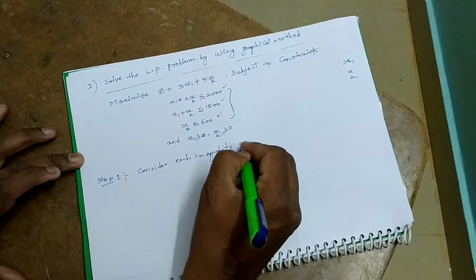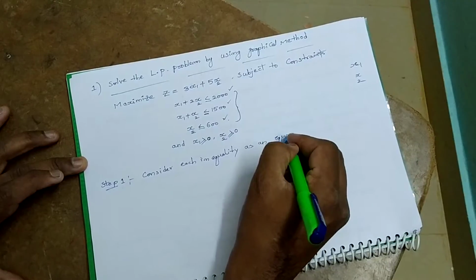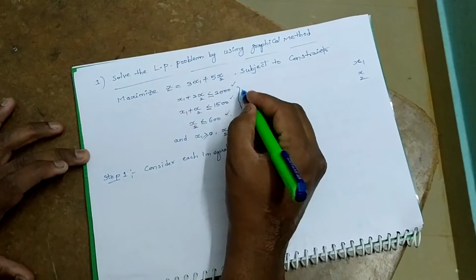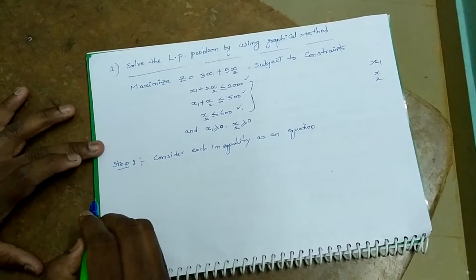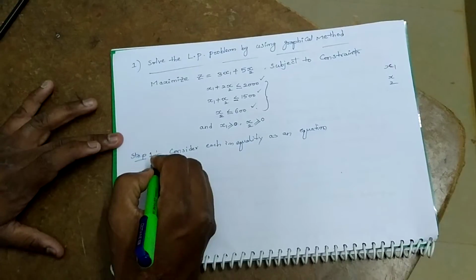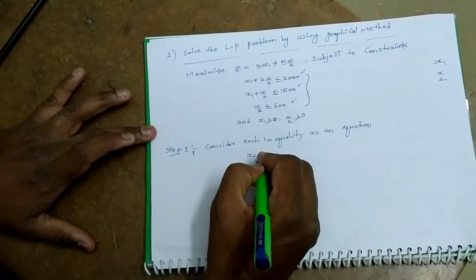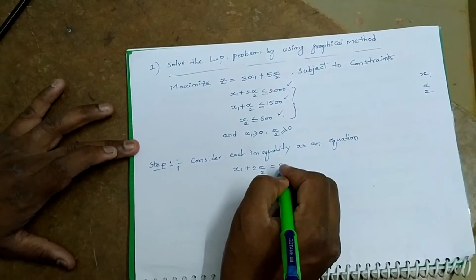In the first constraint, second constraint and third constraint, each is converted into an equation. Accordingly, in the first step, I am converting the constraints into equations: x1 + 2x2 = 2000.